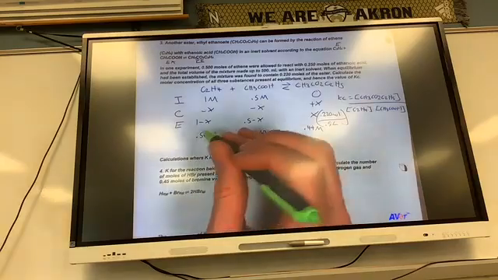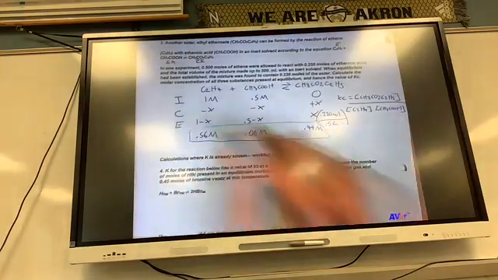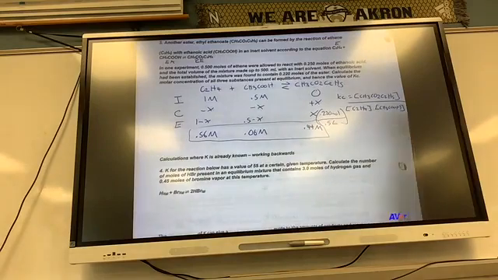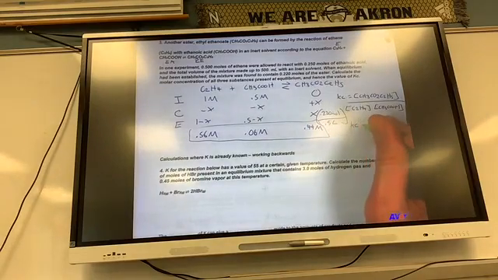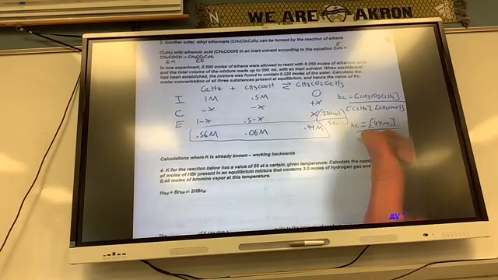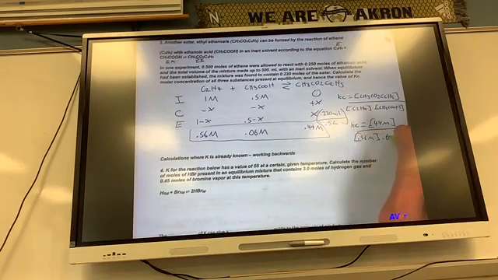Now, these things are going to get substituted into my K expression. So, Kc equals 0.44 molar divided by 0.56 molar times 0.06 molar.